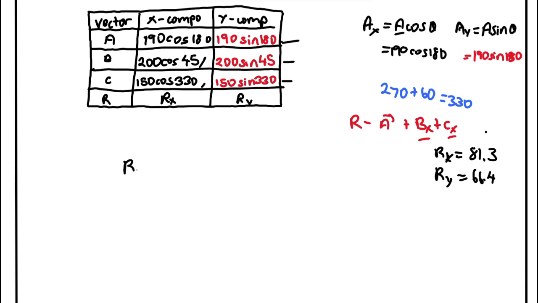So we said R is equal to the square root of Rx squared plus Ry squared.